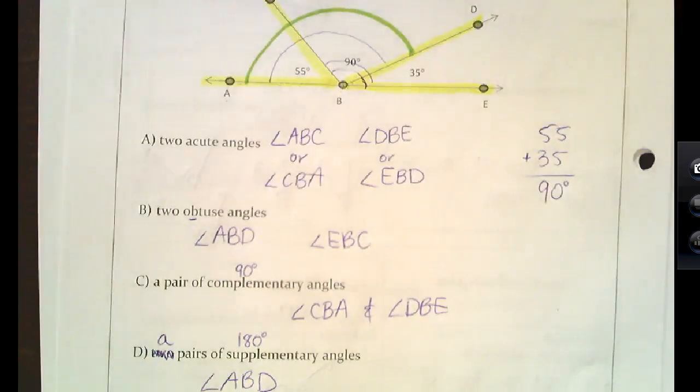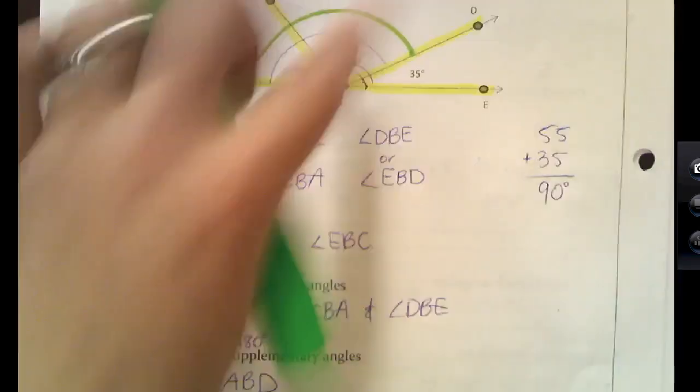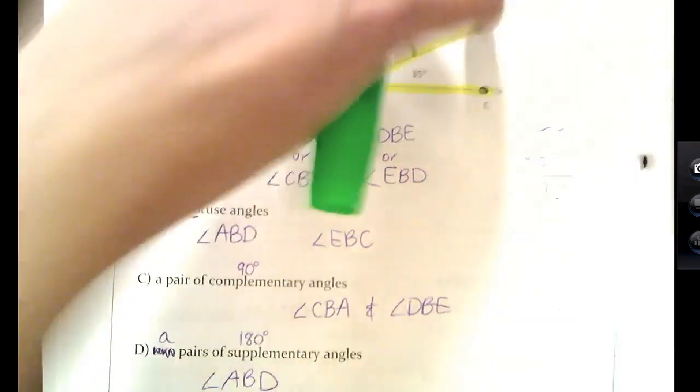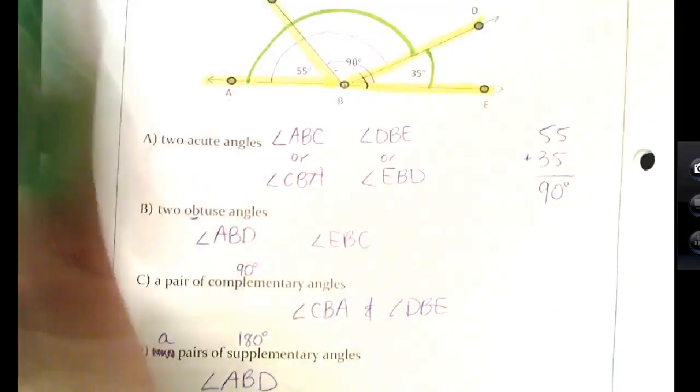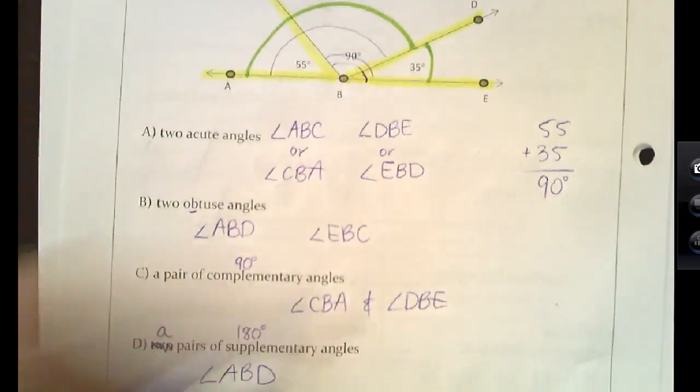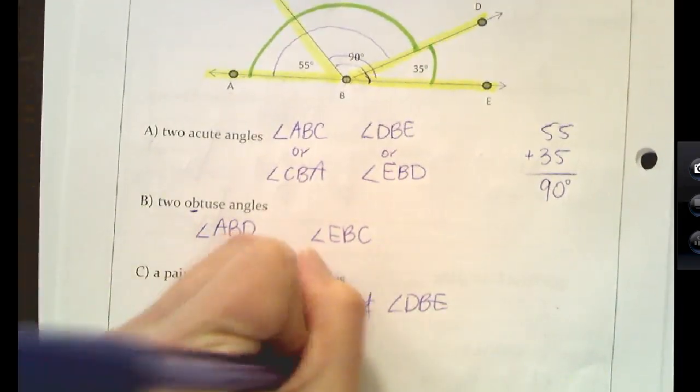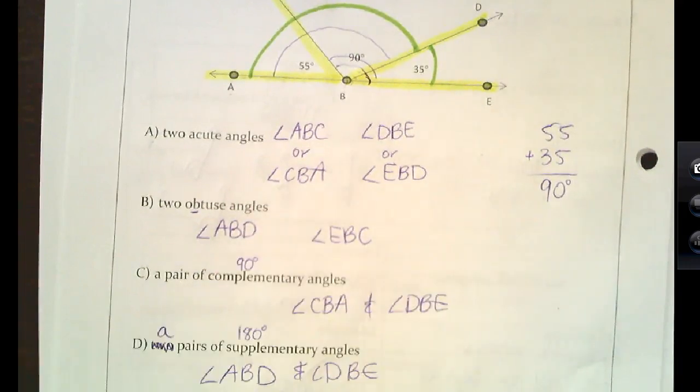Now what angle finishes that off to 180? D, yes, EBD, or you could say DBE. So then, if I name this angle right here from D to B to E, those two angles together form that straight line, or 180 degrees.